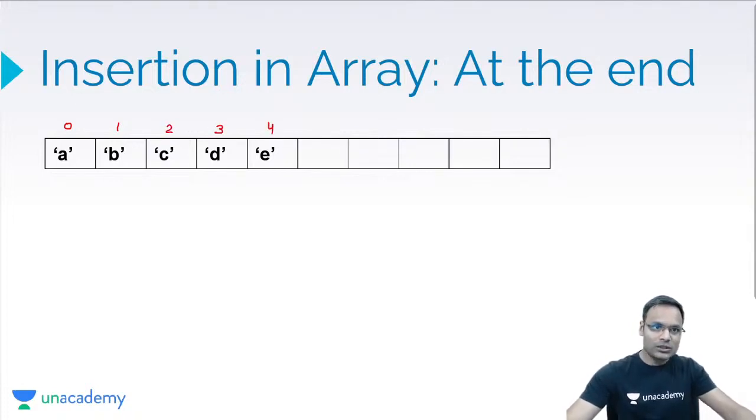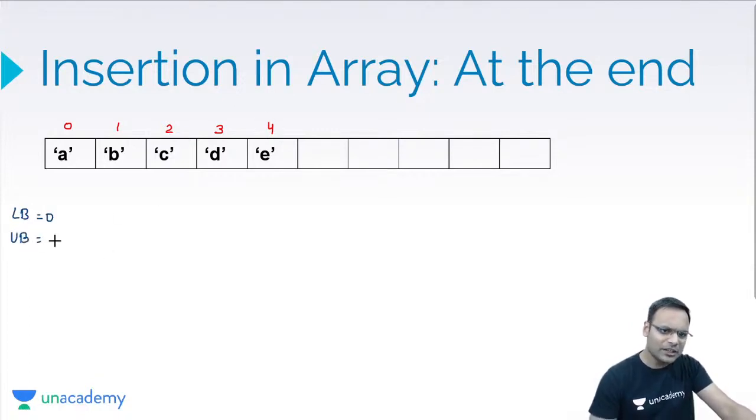Now suppose this is the array currently. What is the current lower bound where the element is present? The current lower bound is 0. The current upper bound, where the last element is present, is on index 4. How many elements are there? 5. Is that fine?